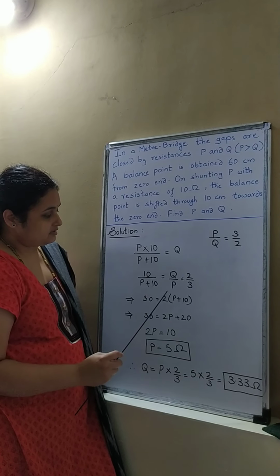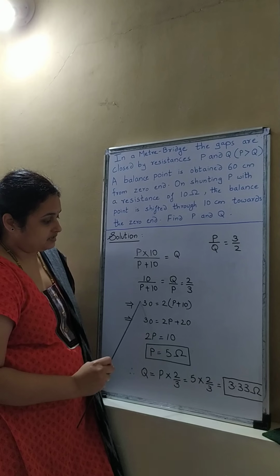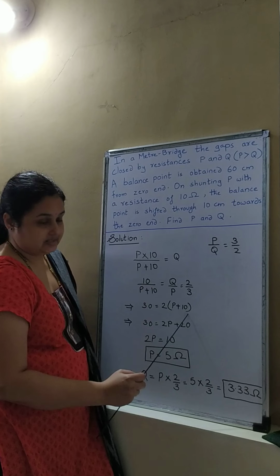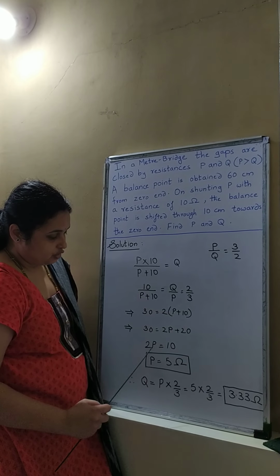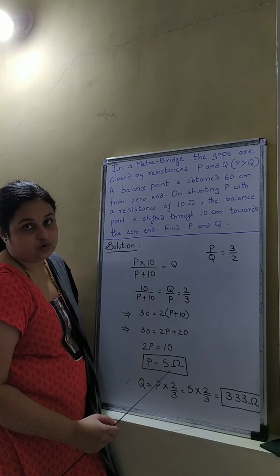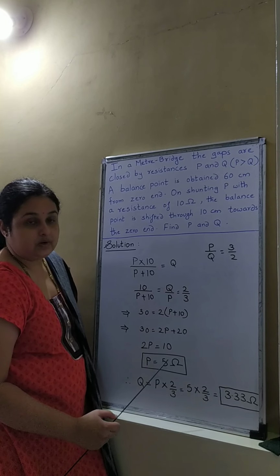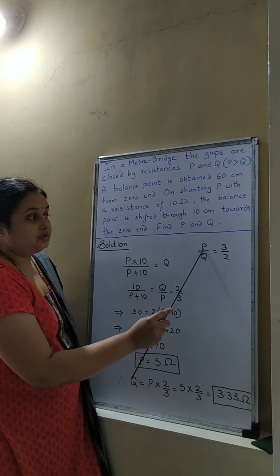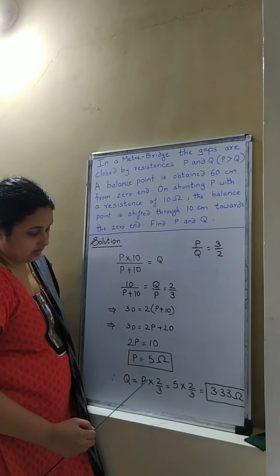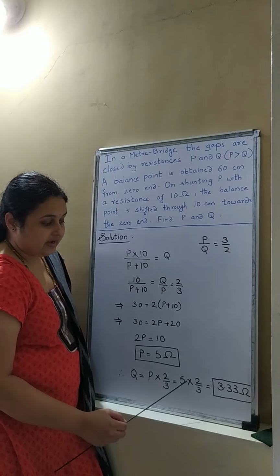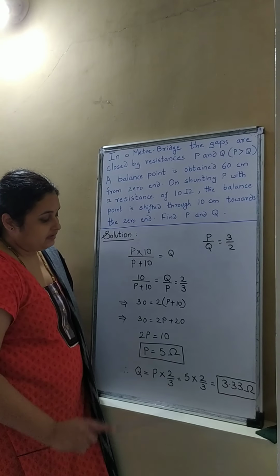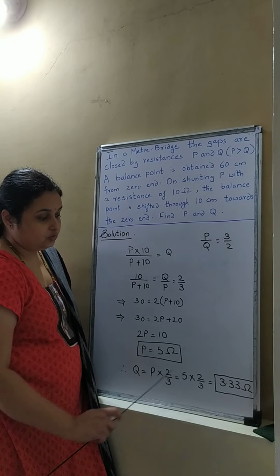This 3 goes here, it becomes 30, that is equal to 2 into P plus 10. If you solve all this, you will get 2P is equal to 10, that gives us P is equal to 5 ohm. Just substitute in this relation P is equal to 5. So Q will be P into 2 upon 3, that is 5 into 2 upon 3, that is 3.33 ohm. So we get P is 5 ohm and Q is 3.33 ohm.